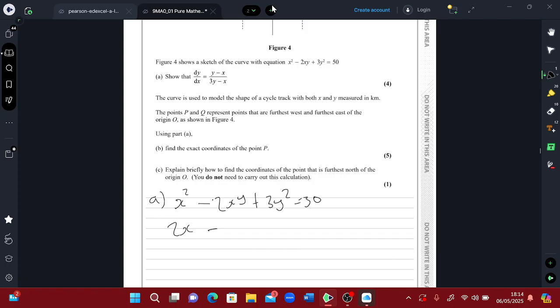Now, this is a product. If you bear in mind that y is a function of x, right? But it's not clear what the function is because it's implicit. If you differentiate y, y is actually in terms of x, so y is also a function of x. So it's a product of two functions of x and y. This is why we need the product rule here.